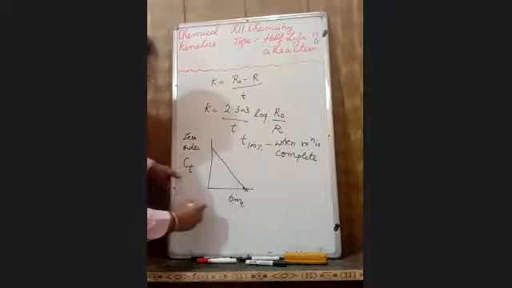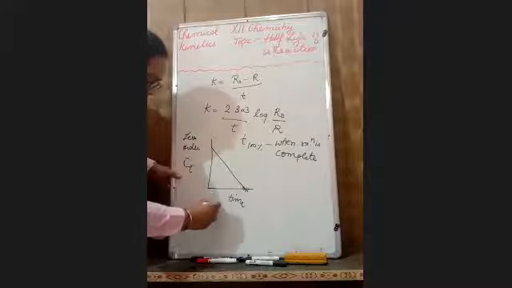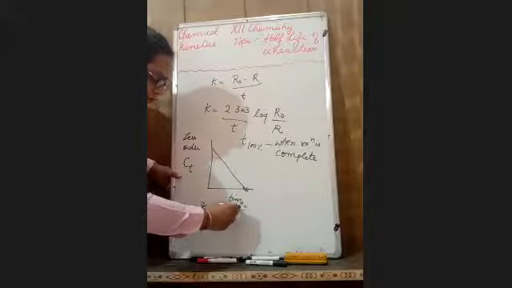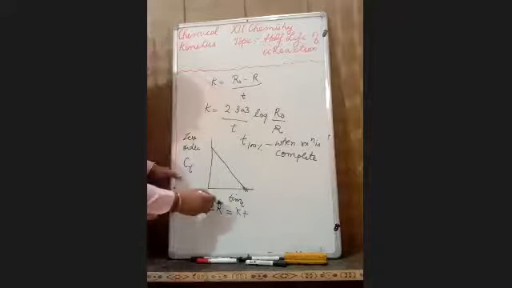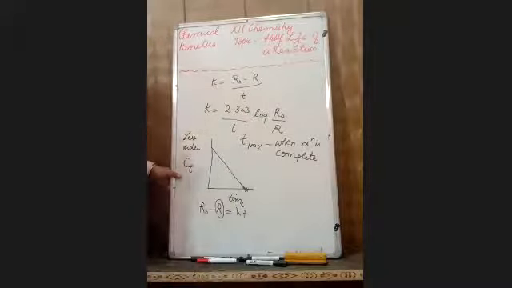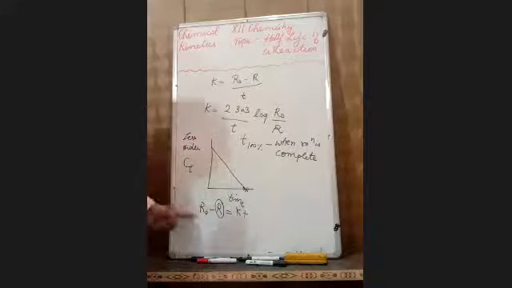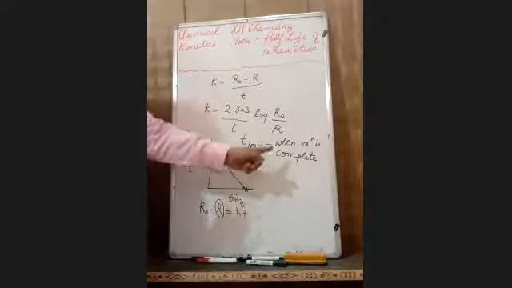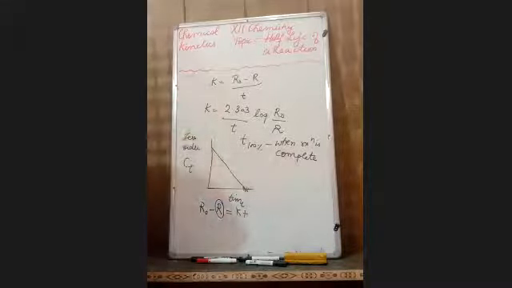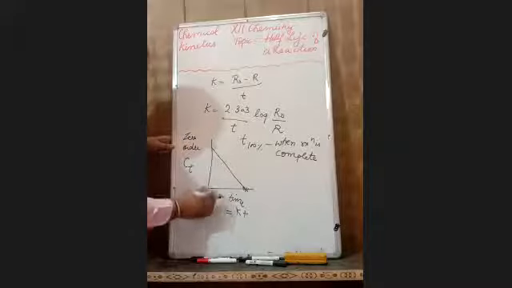You know the formula R naught minus R is equal to KT for zero order. This R, the final concentration, is zero because it is completely consumed. So put zero here.